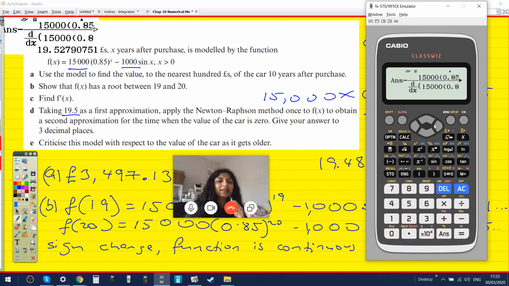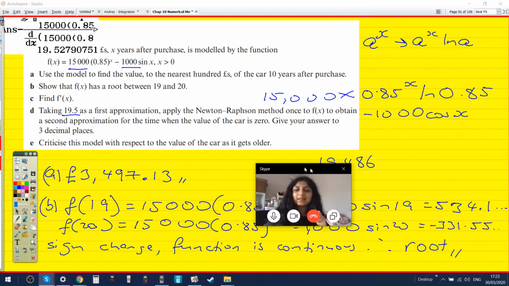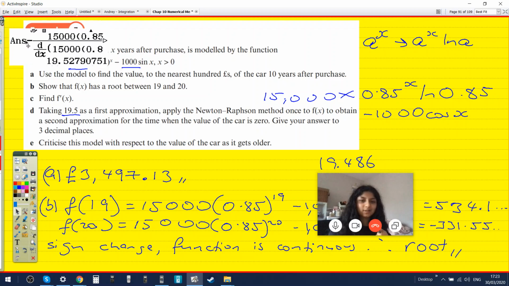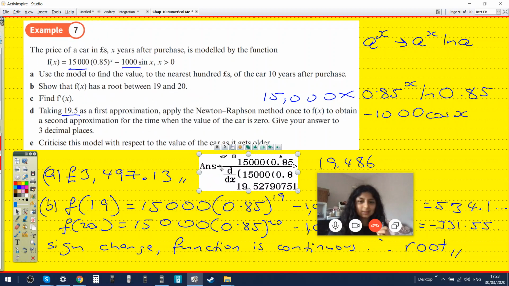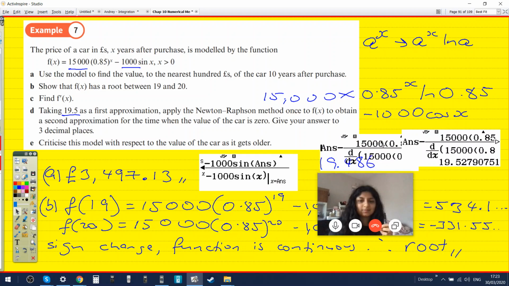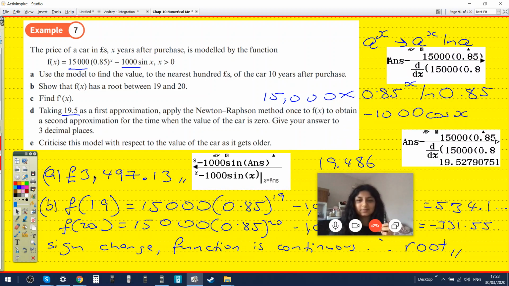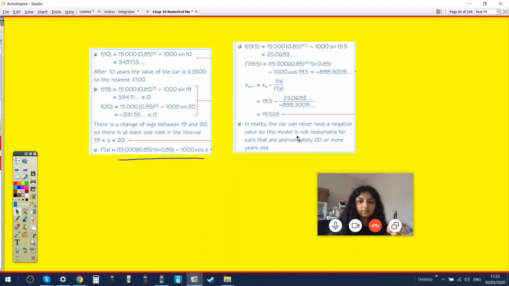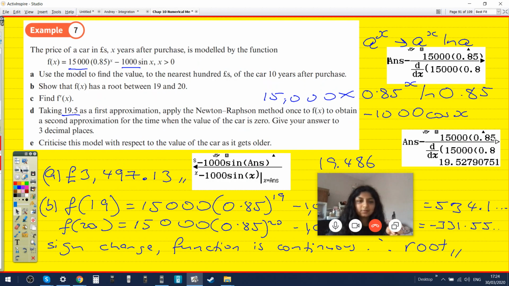Why would the value be negative? I don't think it would be. Exactly, but f of 20 is negative, so that's the criticism. The car won't have negative value. In reality, the car can never have a negative value. This model is not reasonable. Yeah, there we go. Any questions there? No. Okay.